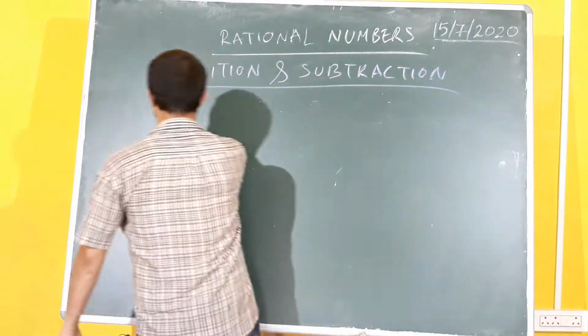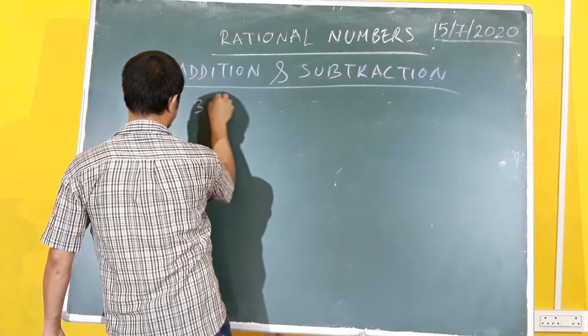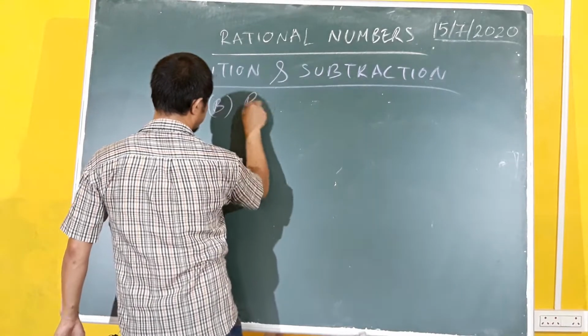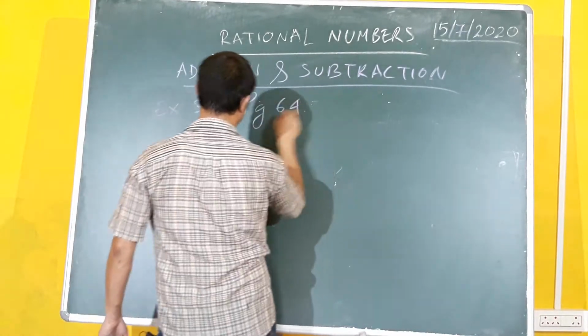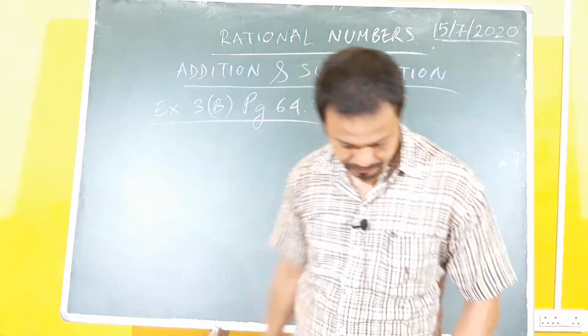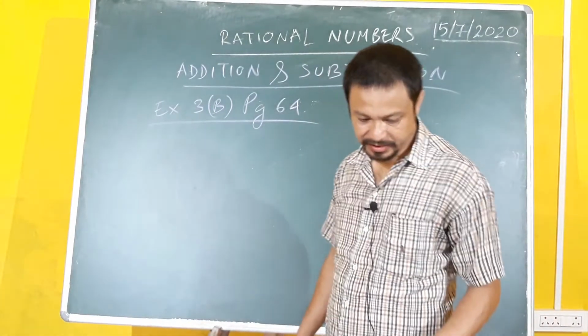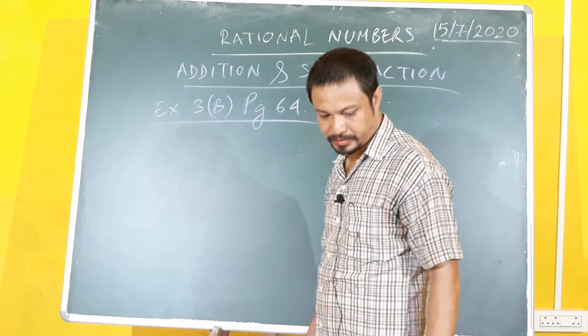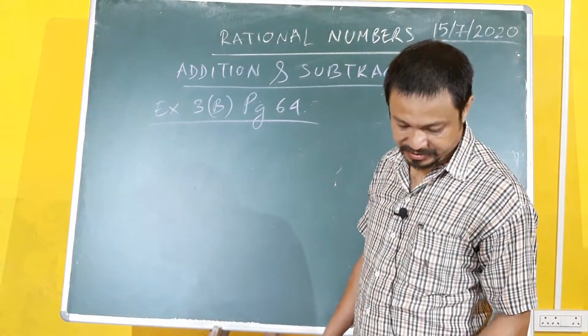Okay. So exercise 3B, page 64. Now simple. If you look at it, the first one, question number 1, add the following rational numbers.